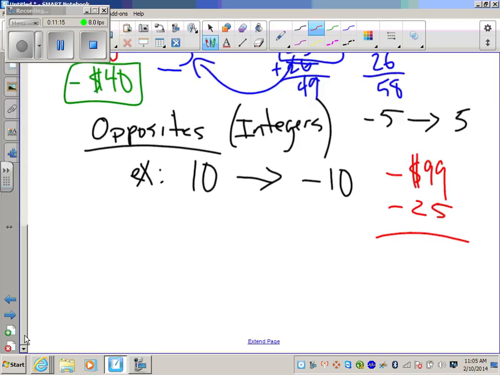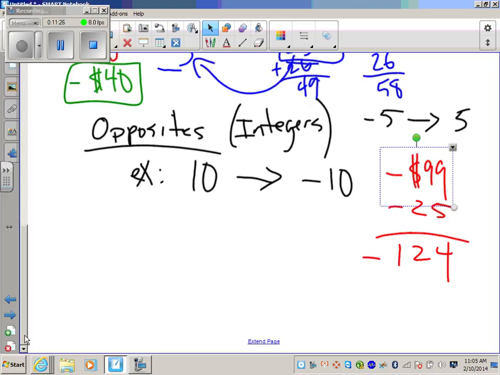Now you're down to a negative 124. So you're even further in debt. So instead of needing just $99 to get back to zero, now you're going to need $124 to get you back to zero. So is that debt? Yeah, absolutely. Okay. So good observation there.